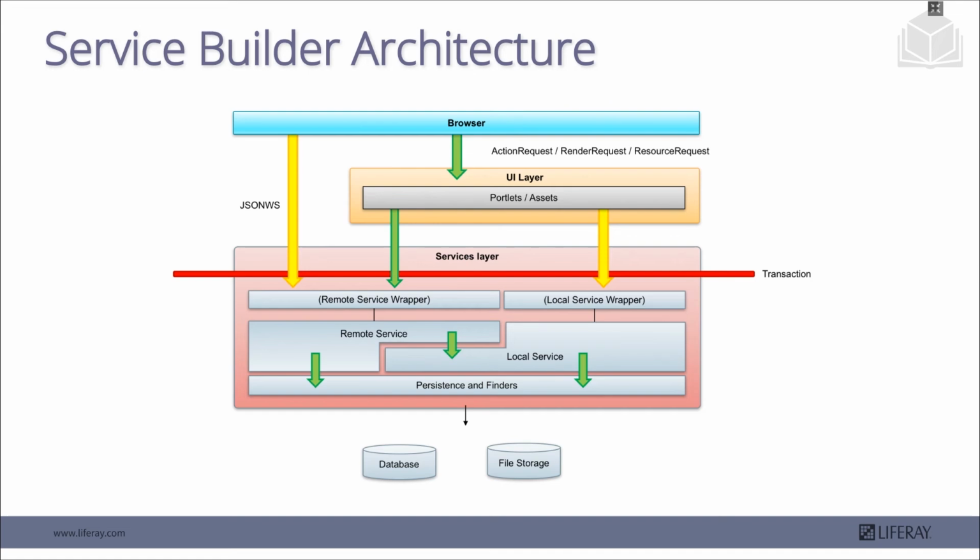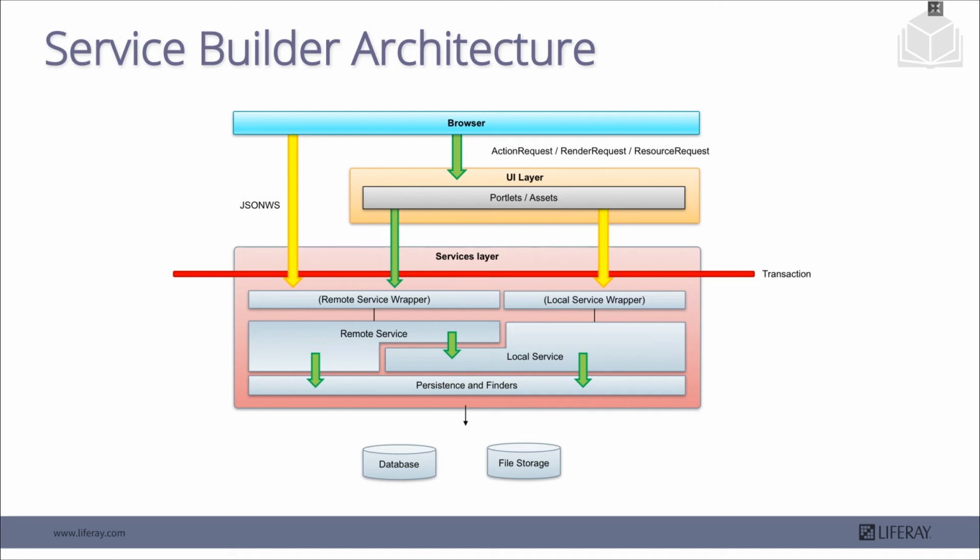If no modifications, we call the remote service layer. Permission checking occurs, and typically the remote service is going to call the local service. Local service then calls the persistence layer to ask the persistence layer to do exactly what we're trying to do, and then it'll manipulate the database in doing so.